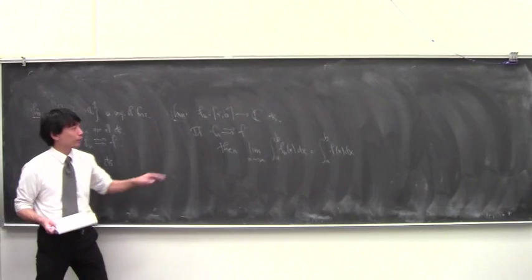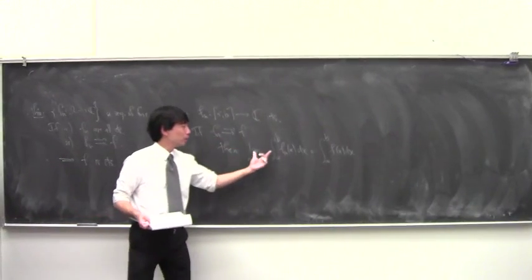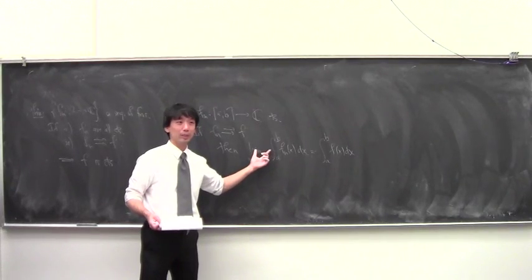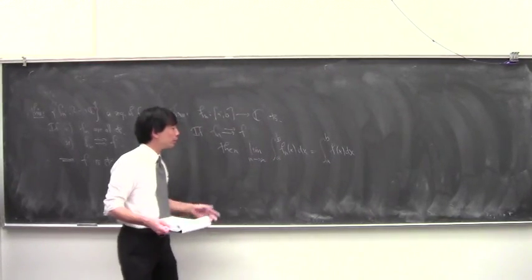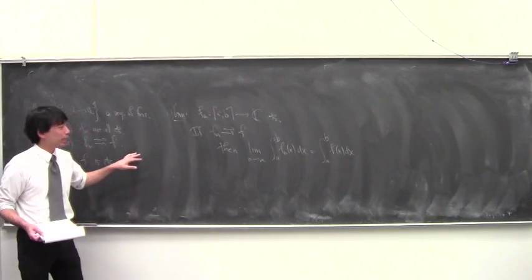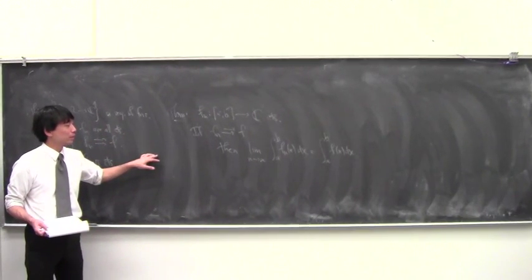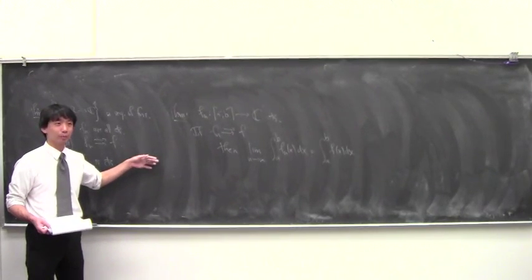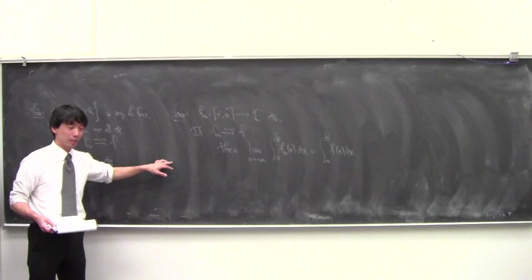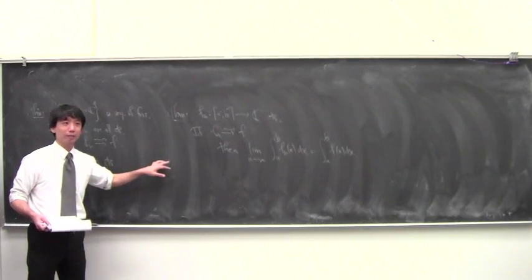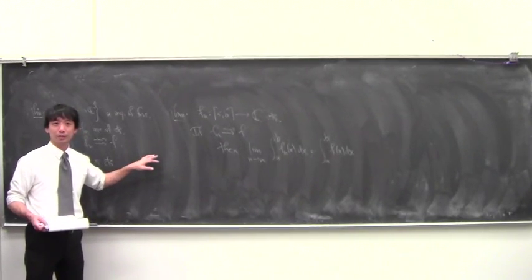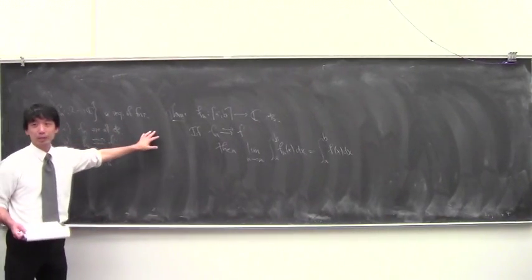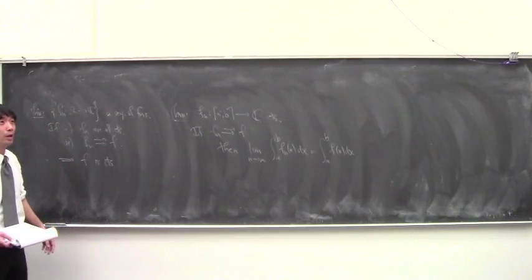So uniform convergence allows you to commute the integral with the limit. Remember what we said earlier, that for real functions, it's not true that the derivative of the limit is the limit of the derivative, because the limit may not even be differentiable. But for continuity and integration, we do have some nice results like this.